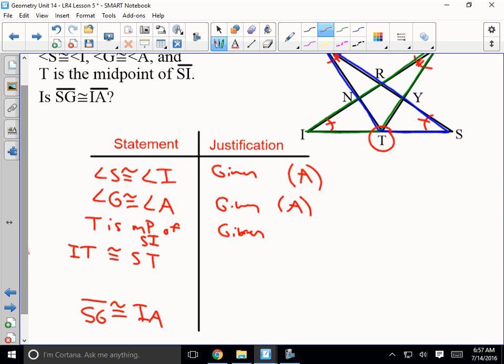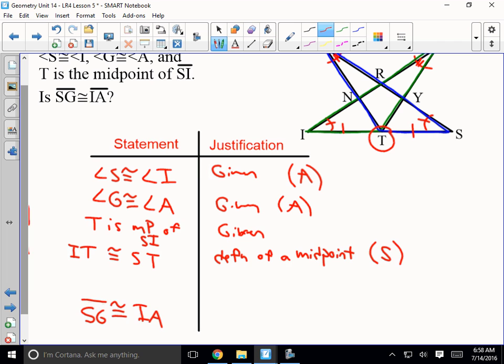Why do we know that? Once again, this is one of our most common reasons: the definition of a midpoint. The definition of the midpoint tells us that this IT length and the ST length are the same. So now that gives us a side.